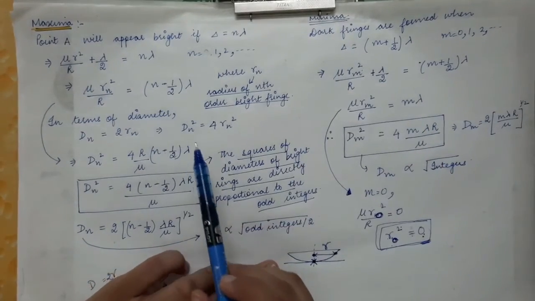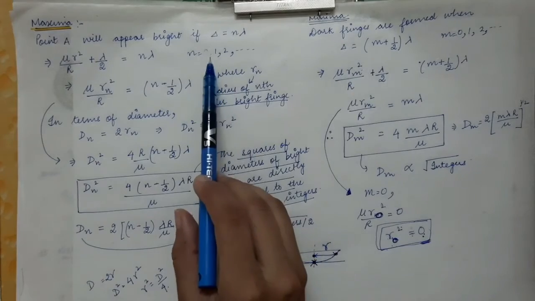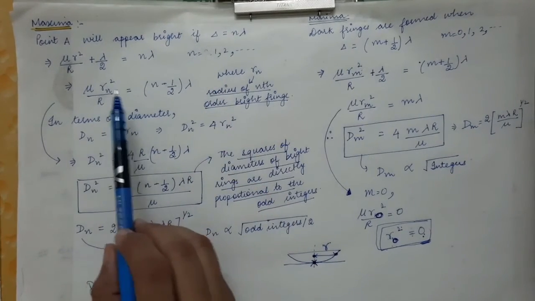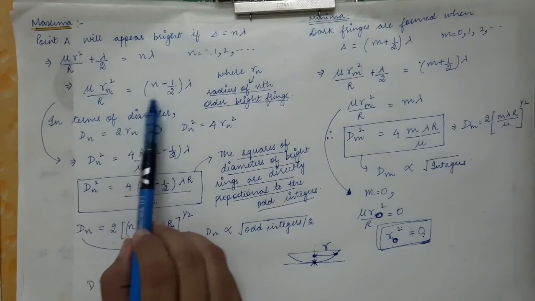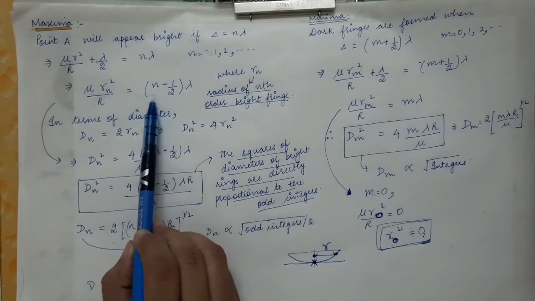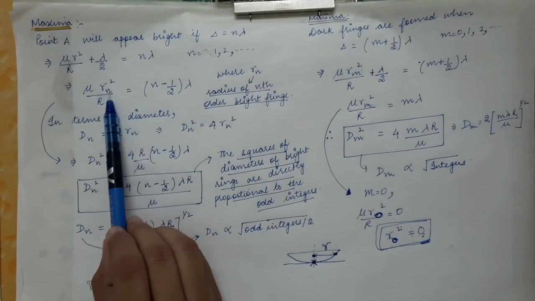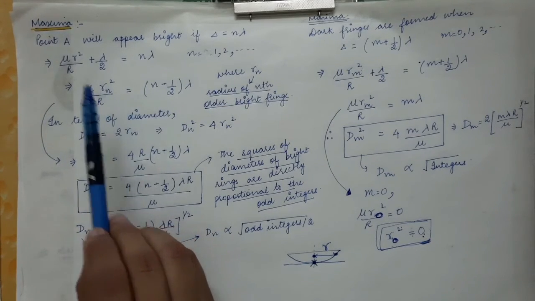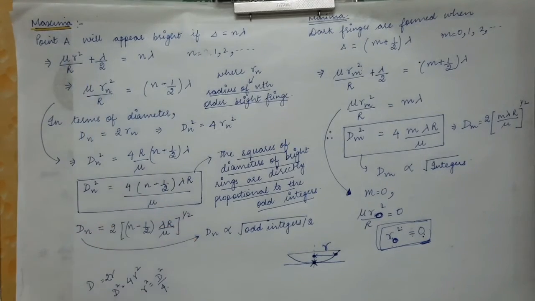Whereas in the case of maxima, the minimum value of n is equal to 1. When you put n equal to 1 in this expression, you will get a finite value for the radius of the first bright fringe.